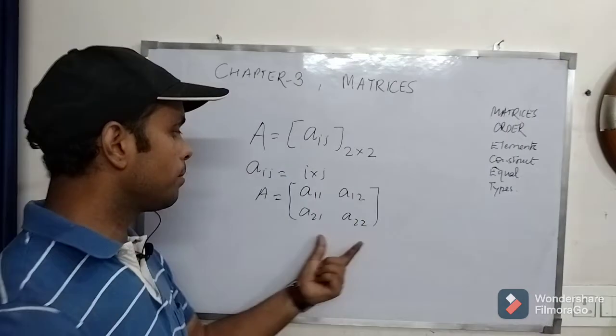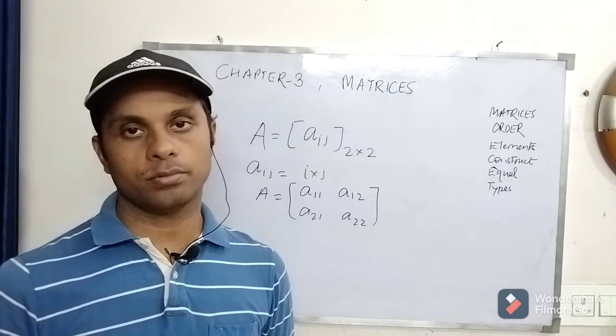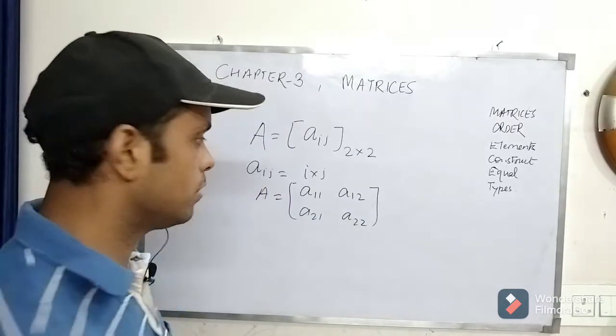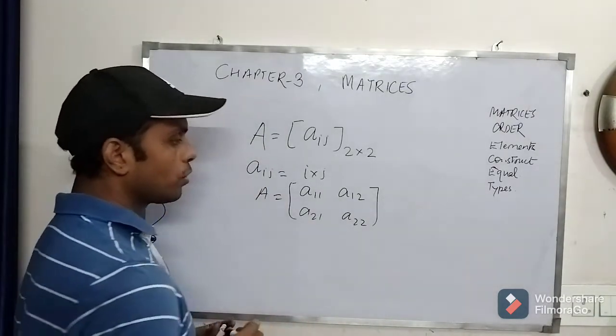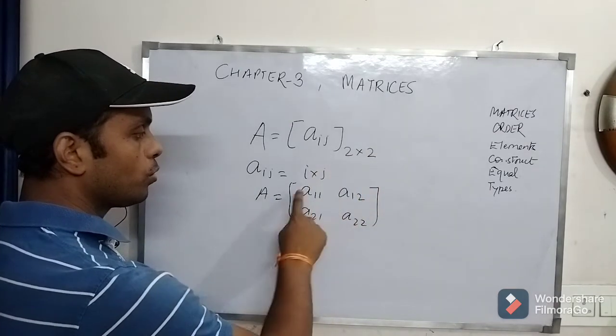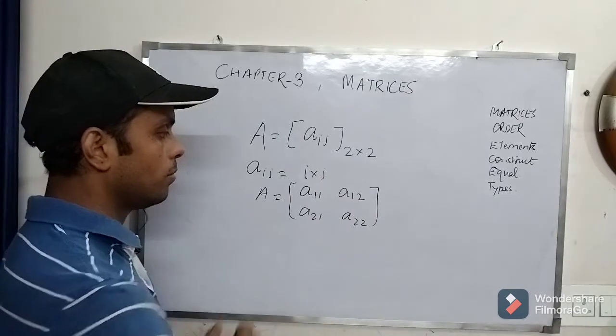So this is the structure of that matrix of order 2 by 2. Any doubt? No, very good. So basically in order 2 by 2, there must be 2 rows, first row, second row, and 2 columns, first column, second column.